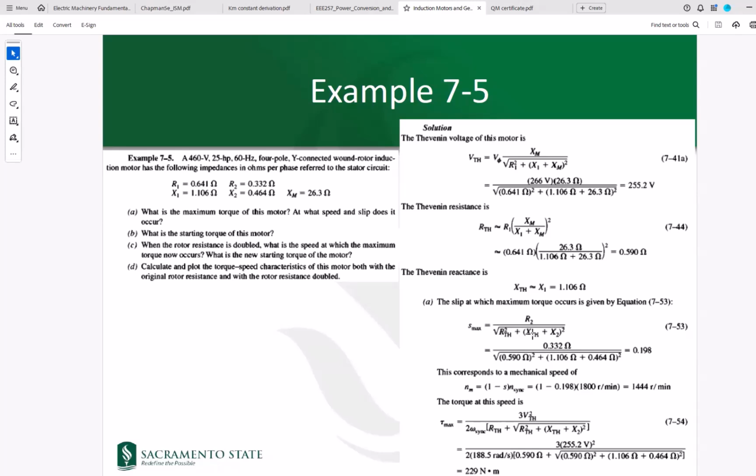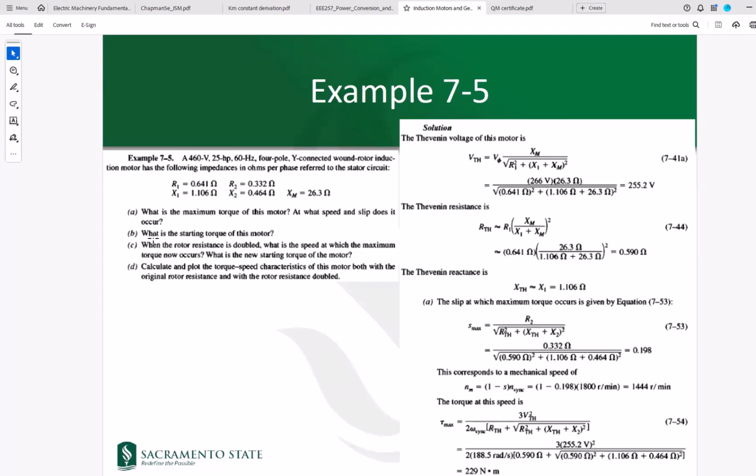It requires basically R Thevenin and X Thevenin values. So R Thevenin and X Thevenin values would be found based on what was given in a few slides before. And also you can find V Thevenin, and based off of those, you can find the tau maximum. So this is the maximum torque of the machine at 229 Newton meters.